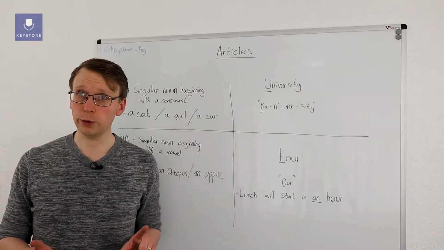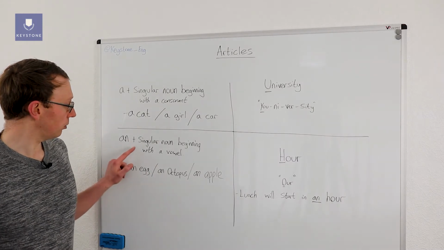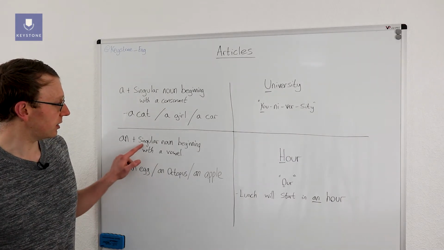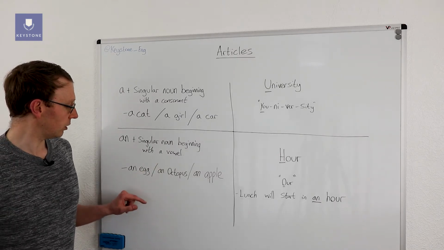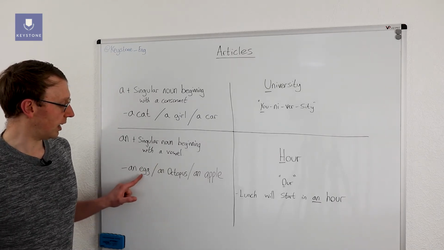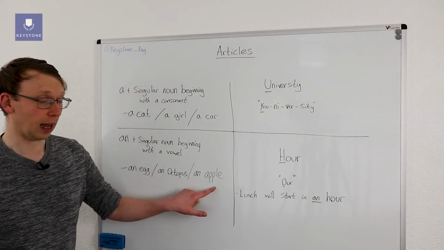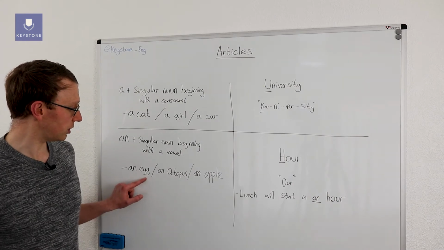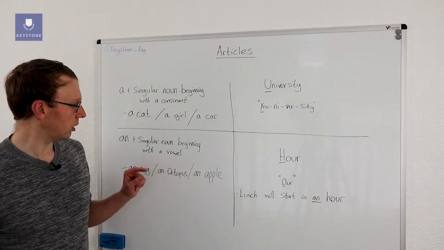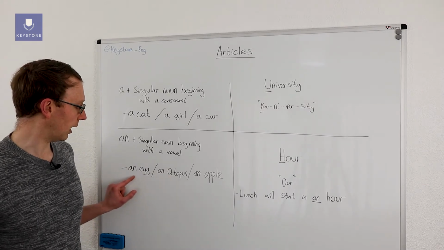Now, when do we use an? Well, we use an if we are looking at a singular noun beginning with a vowel. So, an egg, an octopus, an apple. So these are nouns, singular nouns, that begin with a vowel, an egg.